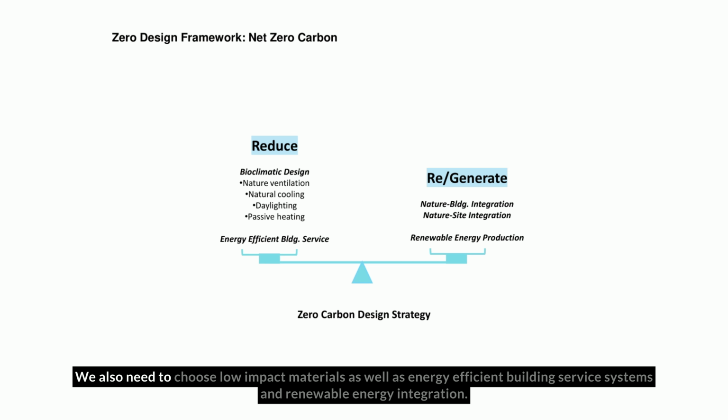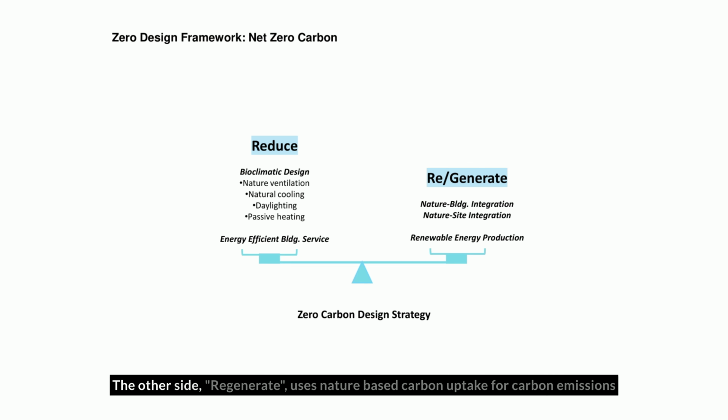We also need to choose low-impact materials as well as energy-efficient building service systems and renewable energy integration. The other side, regenerate, uses nature-based carbon uptake for carbon emissions from material production, construction activities, and building operations. Nature-based solutions are at the building and the site levels.